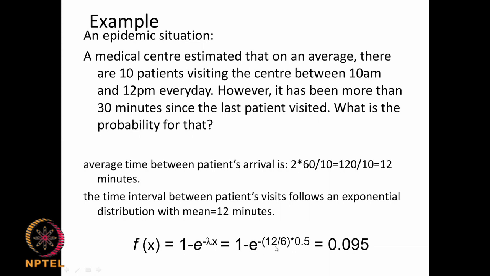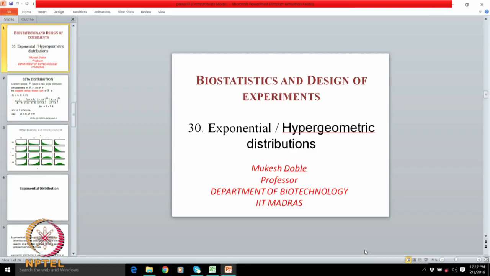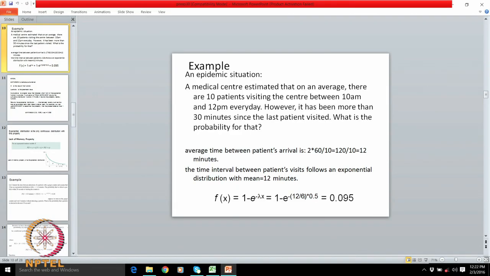Lambda is nothing but 12 minutes, and so we are converting that into hours. Then take 0.5, so that gives you 0.095. Actually, this should read as 12 by 60 because we are converting that into hours, multiplying by 0.5, which is your x, 30 minutes. So, this is equal to 0.095. So, we can do the same thing here using the Excel function.